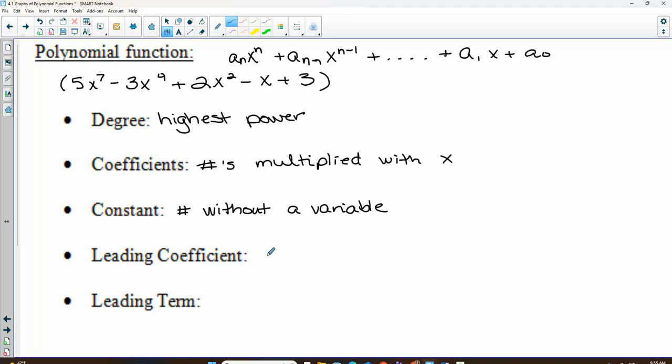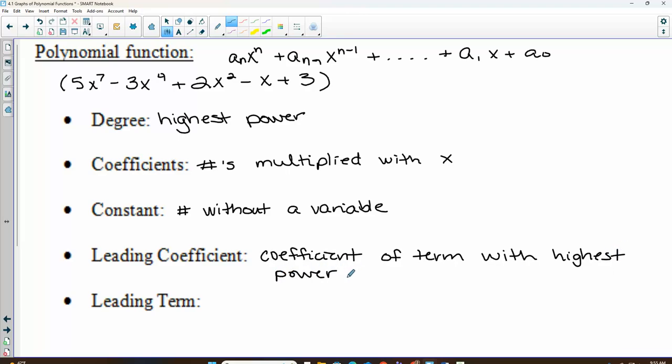The leading coefficient is the coefficient of the term with the highest power. And the leading term is the term with the highest power. Remember, the terms are the things being separated by addition and subtraction signs.